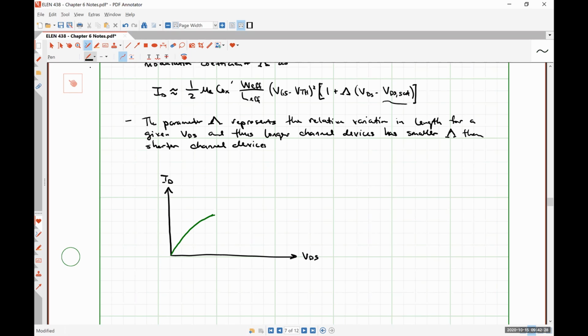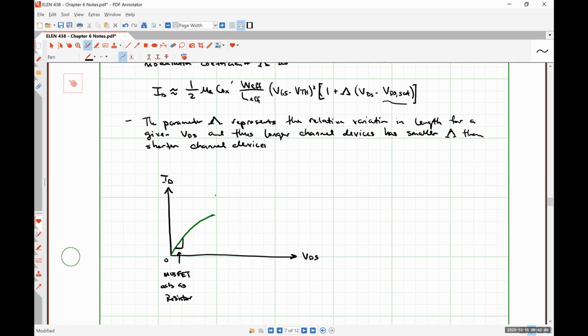So in this small region, and actually I should probably go down more towards our zero value, this is where our MOSFET acts as a resistor.